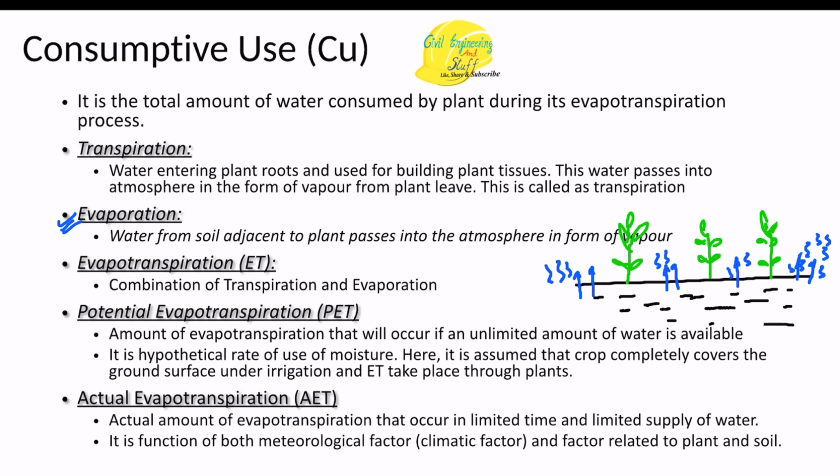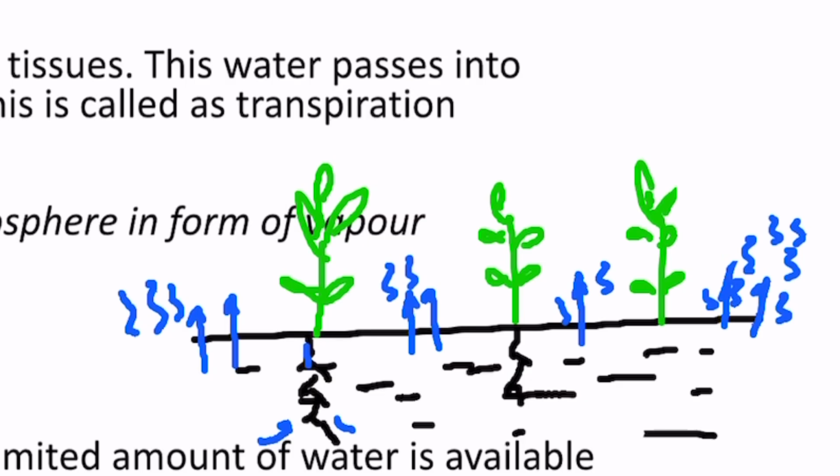And at the same time, the roots of the plants absorb the moisture from the soil and fulfill their nutrition need. The excess quantity of water that the roots absorb is discarded by the plants in the form of vapor that excretes through the leaves of the plants. Right?